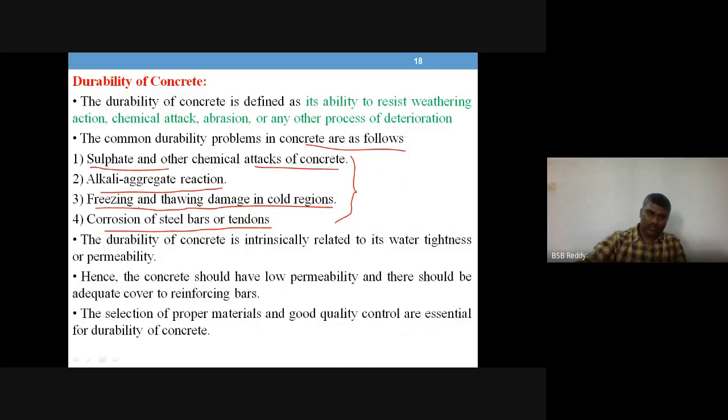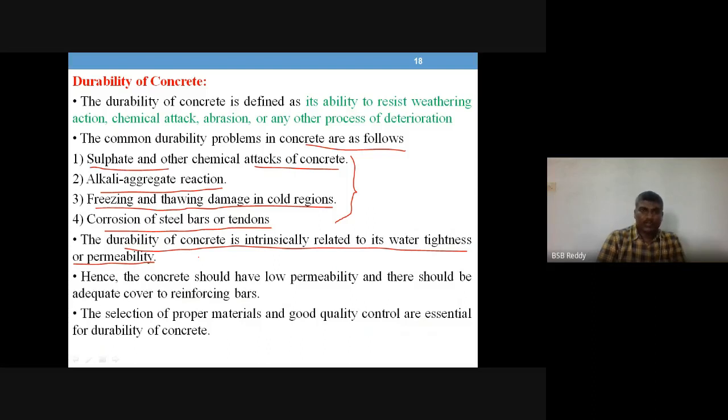So how do you control these problems? Durability of concrete is mainly related to its water tightness or permeability. If the concrete that you make is more permeable, it is going to be a problem for the concrete. It will fail very early. It won't serve its intended lifetime.